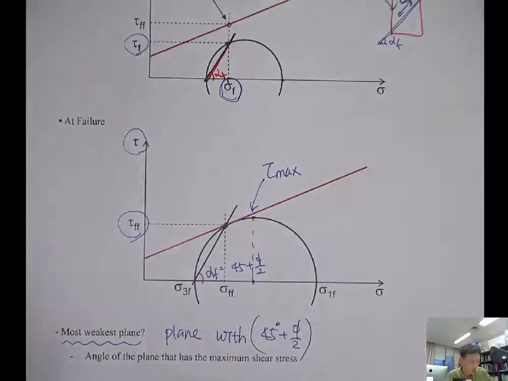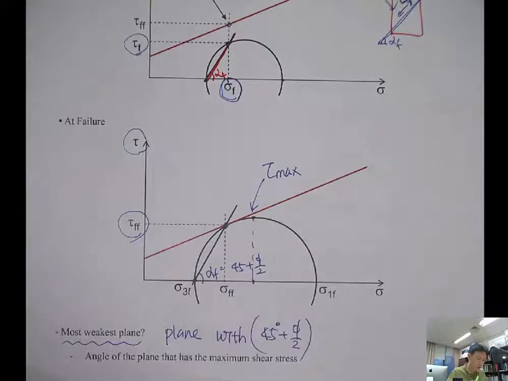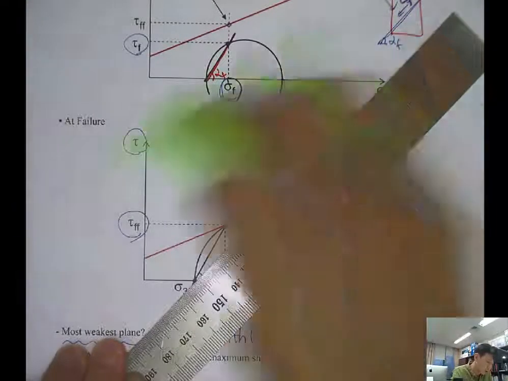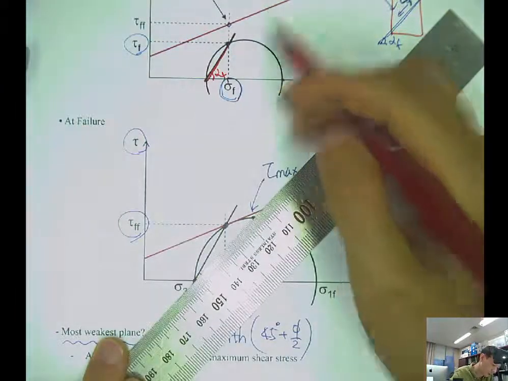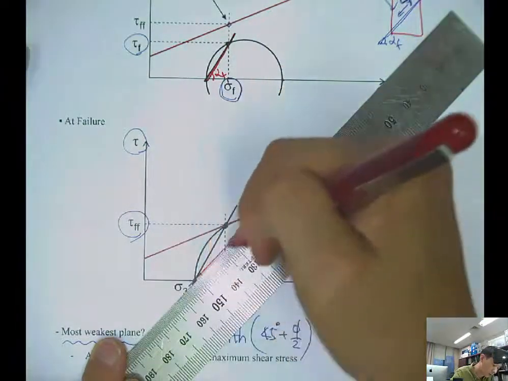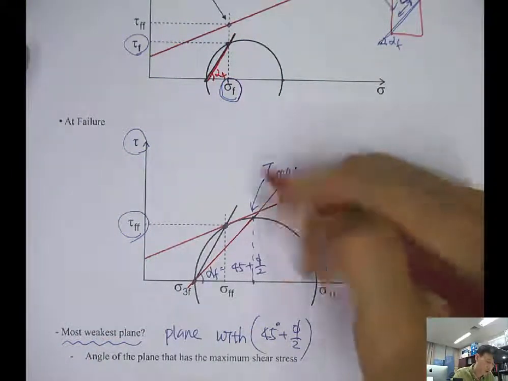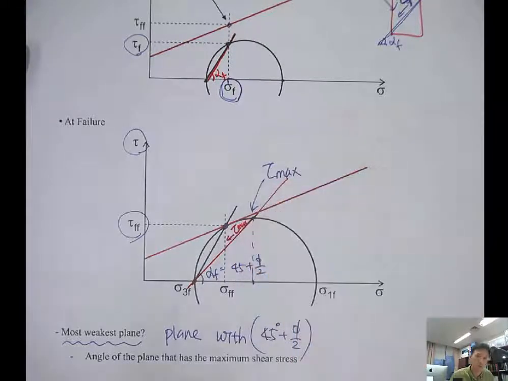So from the OP, so here is the OP, where this plane locates, if I use a different color, on this plane, we will have a tau max.